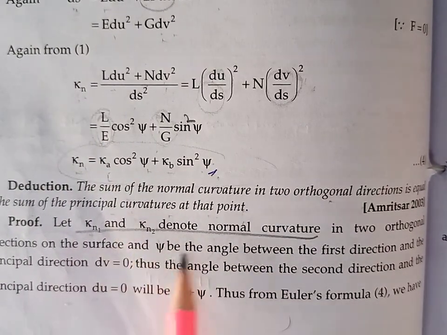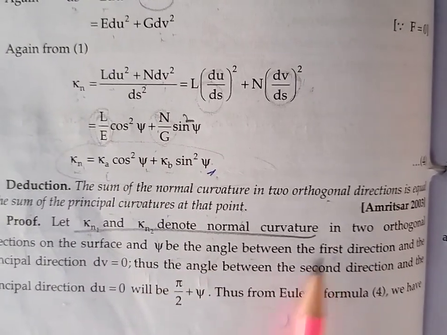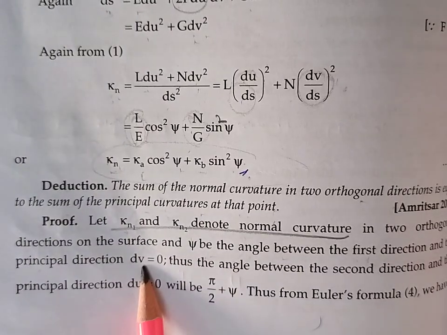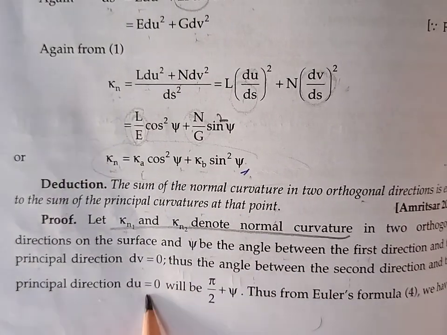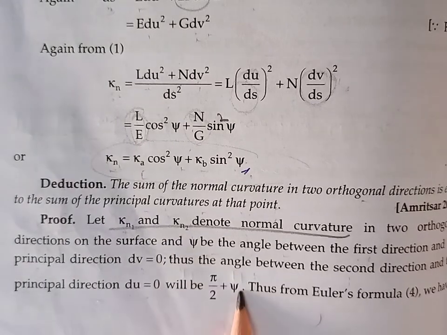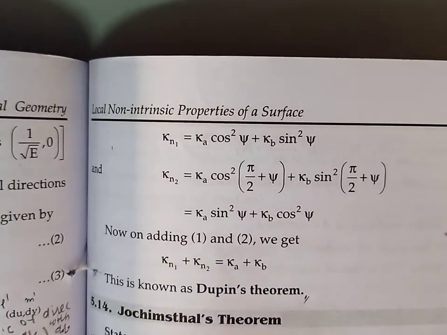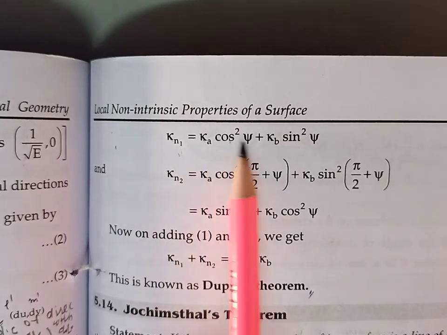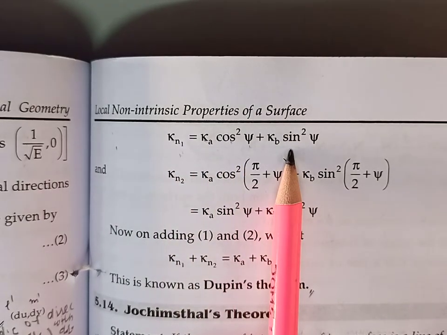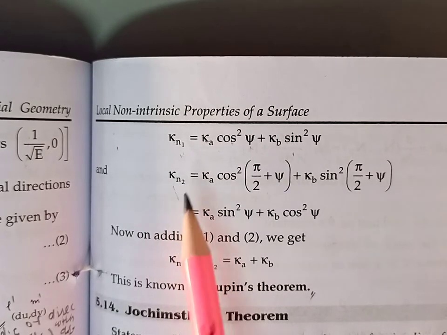Now using that theorem, psi is the angle between the first direction and the principal direction, dv is equal to 0. Then the angle between the second direction and the principal direction, du is equal to 0, will be psi plus pi by 2. Now using Euler's theorem for the two directions, kappa n1 is given by kappa A cos square psi plus kappa B sin square psi, and kappa n2, for this direction the angle is pi by 2 plus psi.